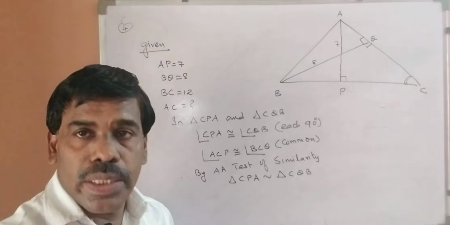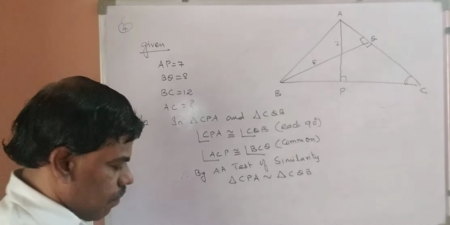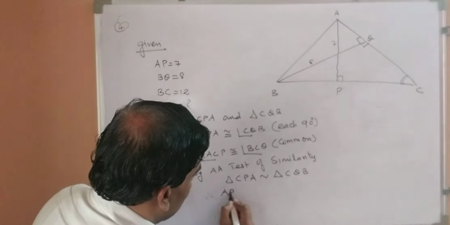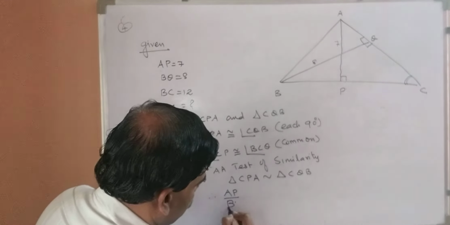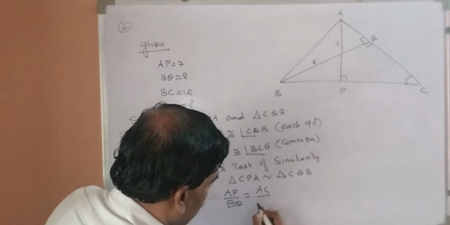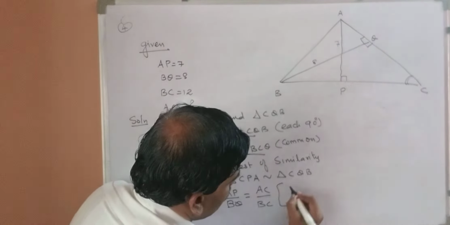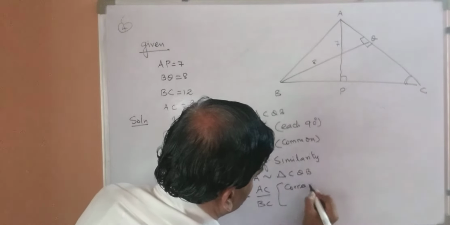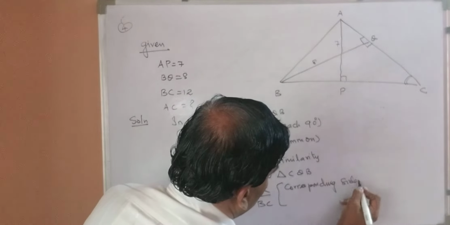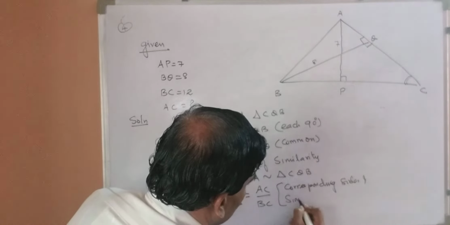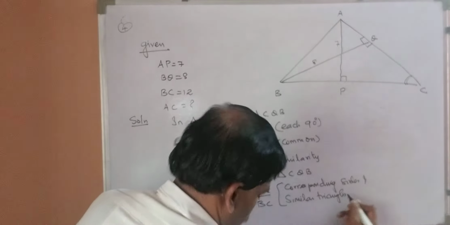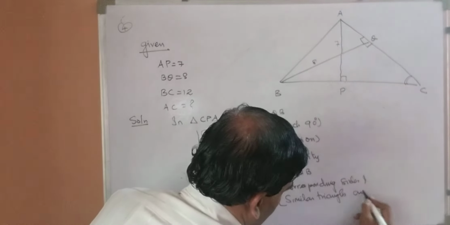Their corresponding sides are in proportion. Therefore, AP upon PQ equal to AC upon BC. Why? Corresponding sides of similar triangles are in proportion.